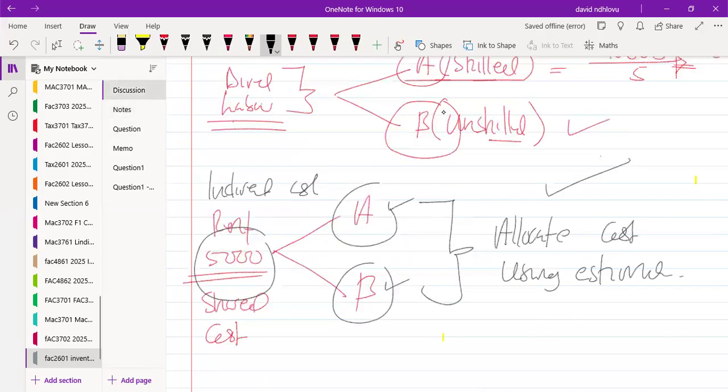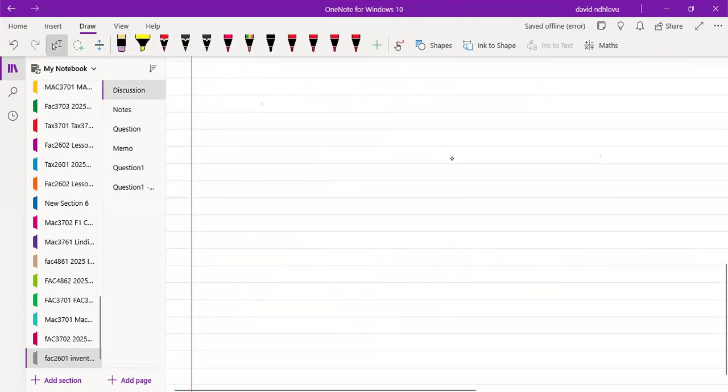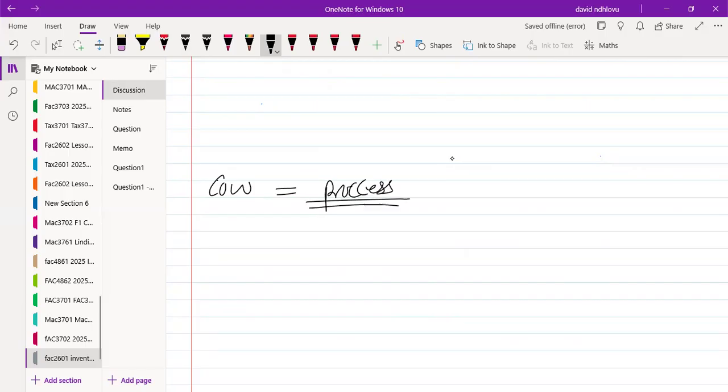Let's say I am running a butchery. When I buy a cow, maybe it's a live cow, then I need to process that cow. Processing may mean that we have to butcher the cow, we have to skin it, we have to remove excess stuff like the hooves and what have you.